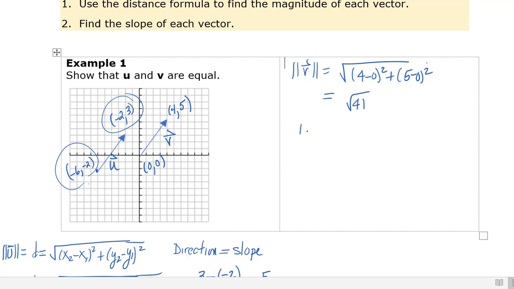And the direction, just look at the slope. It's going to be 5 minus 0 over 4 minus 0, which is 5/4.